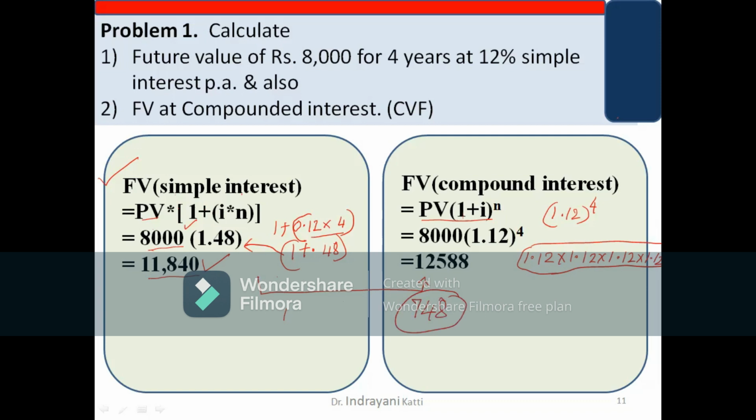Looking at these numbers in the problem: 8,000 rupees, same amount, 4 years here and 4 there, 12% rate of interest in both. But look at the difference. How much more are you going to get at the end of the 4th year if compound interest is there? That is 748 rupees more, because every year the interest is added to the principal amount.